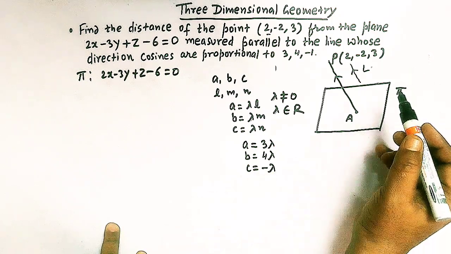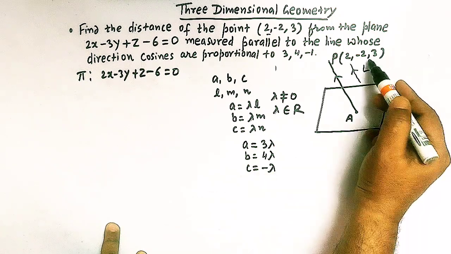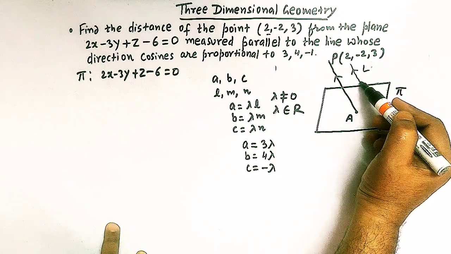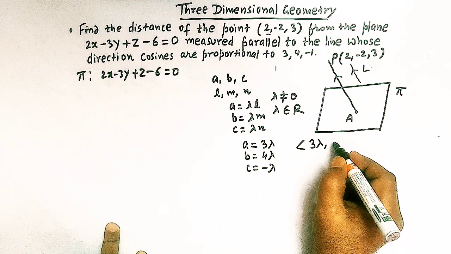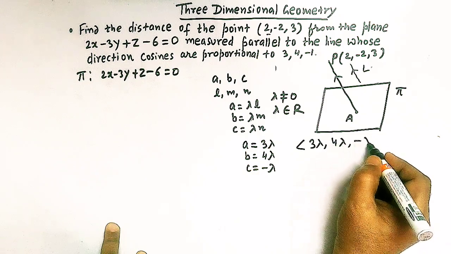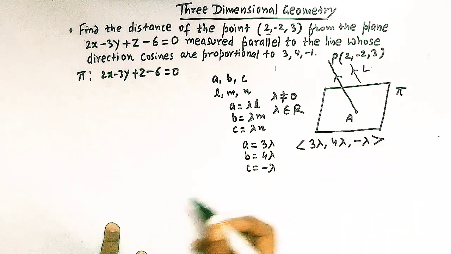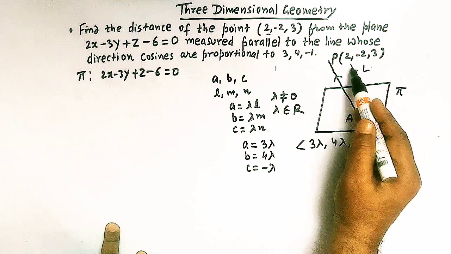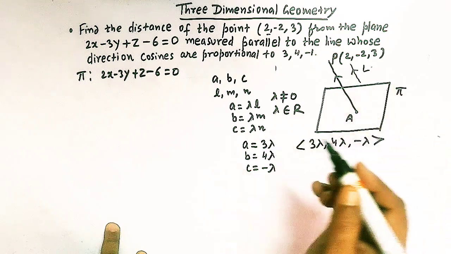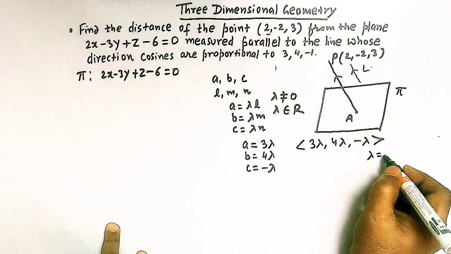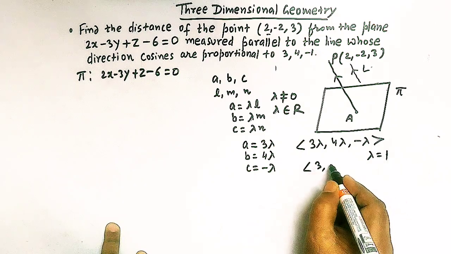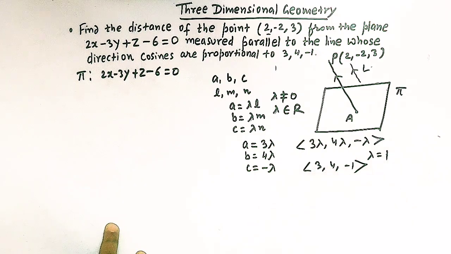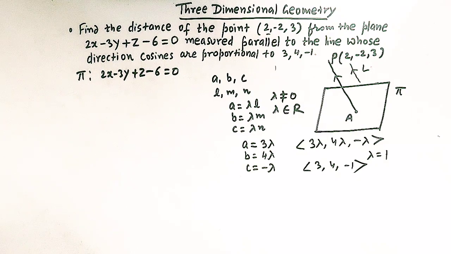So the direction ratios of this line L may be taken as, say, lambda. If we take lambda is equal to 1, so we have 3, 4 and minus 1.